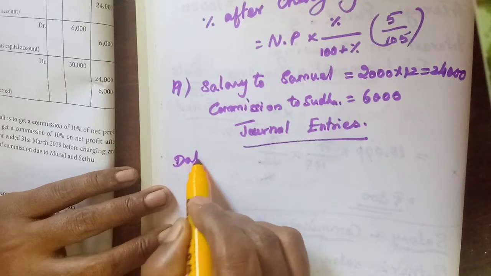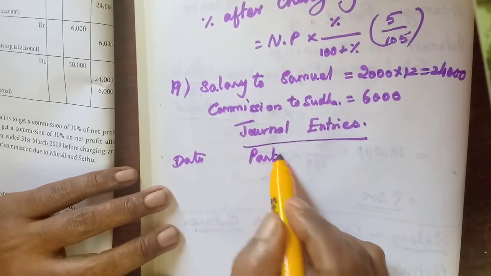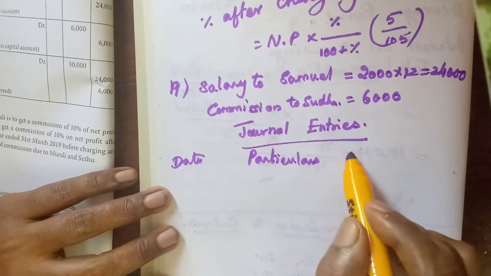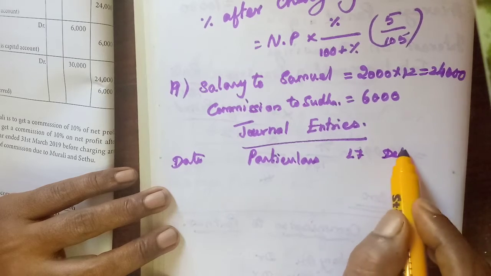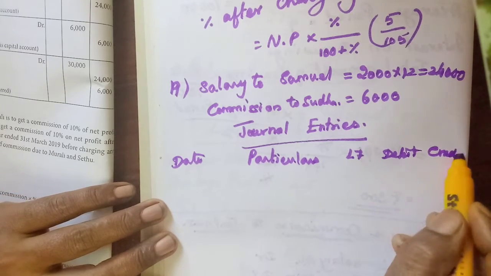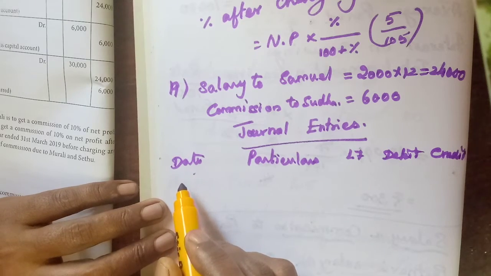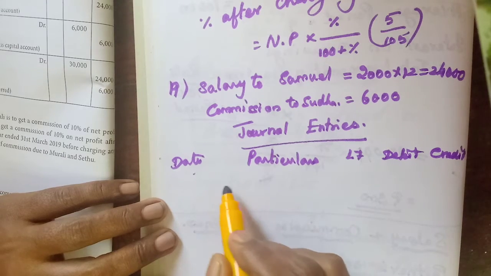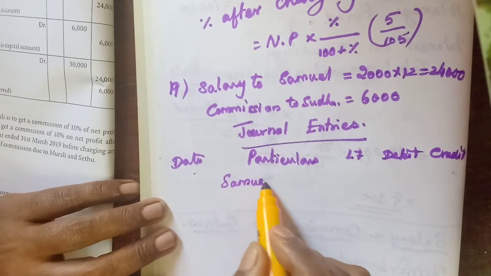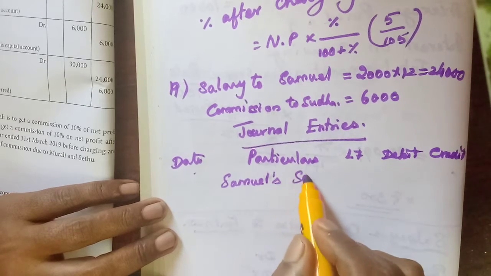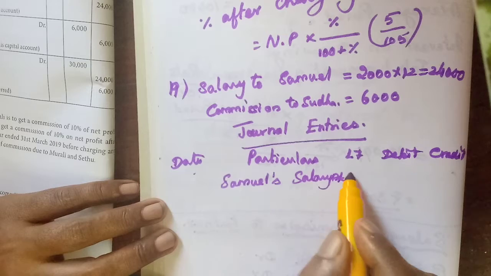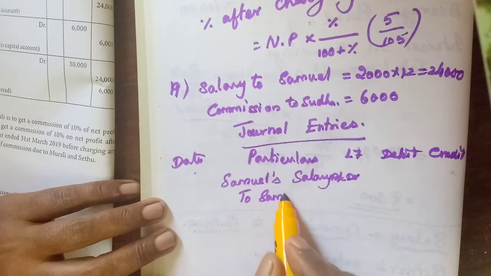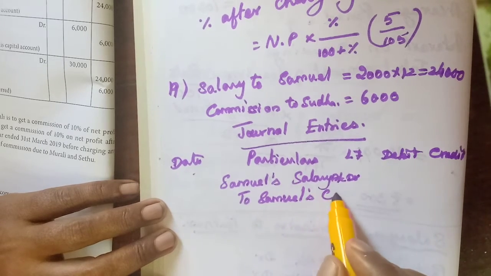Okay, date, particulars, LF, debit, credit. Date not given, isn't it? So first one, salary. So which partner? Samuel's salary account debtor to Samuel's capital account.